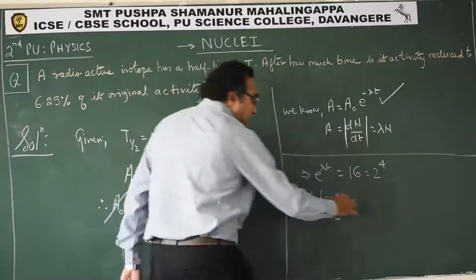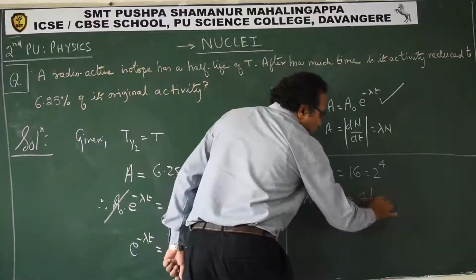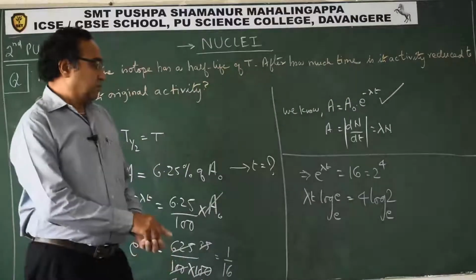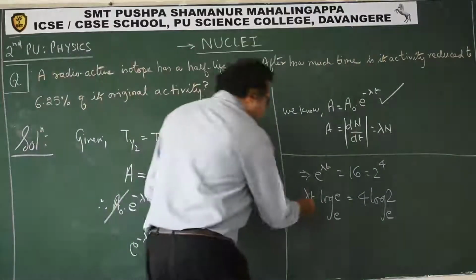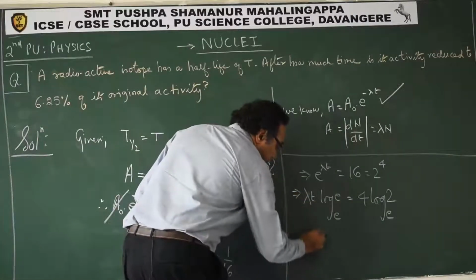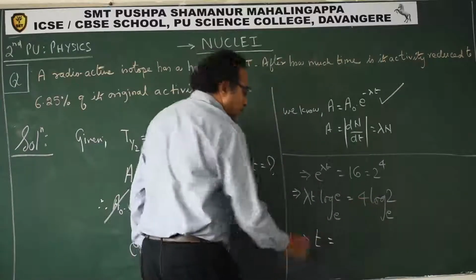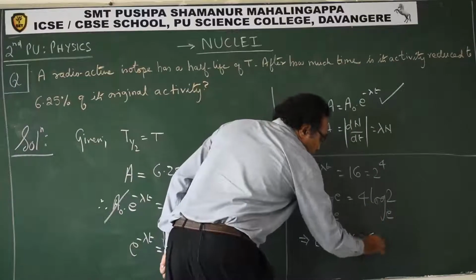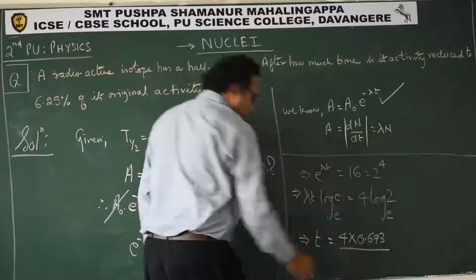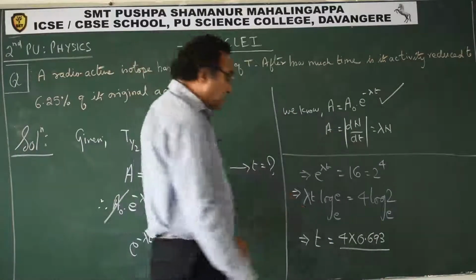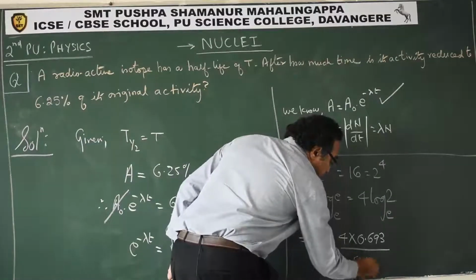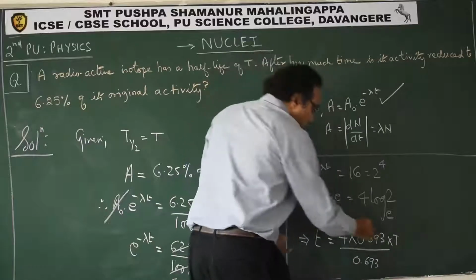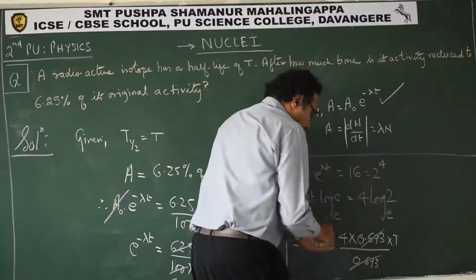So we get this as 4 log 2 to the base e. So t is equal to 4 into log 2, which is 0.693, upon lambda. Lambda is 0.693 by T, so T will go to the numerator. So 0.693 cancels out. So what is the answer?